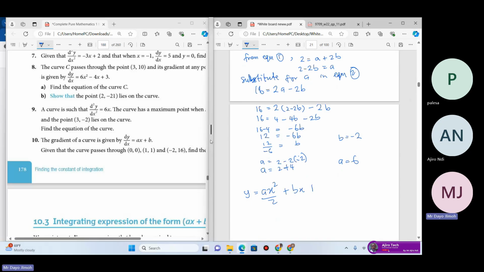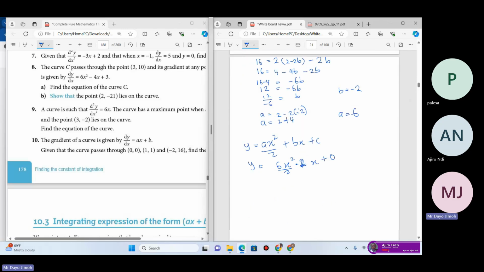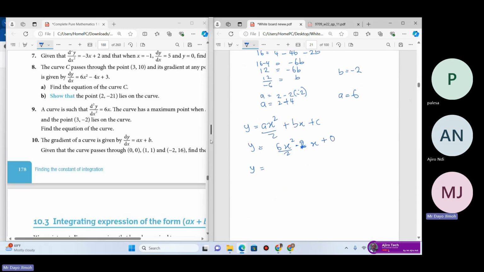Plus bx plus c. Y equal to a is 6, then x squared over 2, plus b is minus 2x, c is 0. So y equal to 3x squared minus 2x. That's all. Okay, so that's the application.